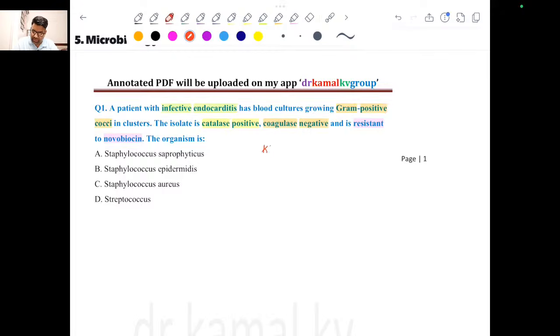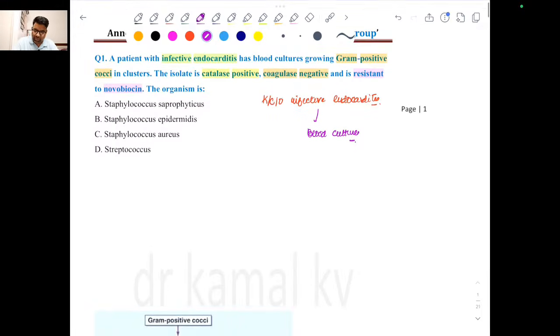So the patient is a known case of infective endocarditis. Okay. Then the blood cultures were done, and it shows that the organism is gram positive cocci, right? So gram positive cocci.